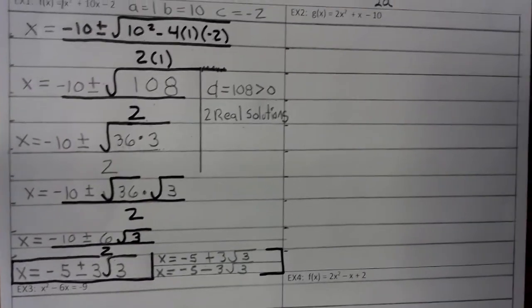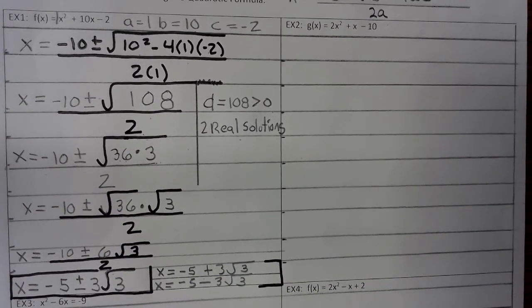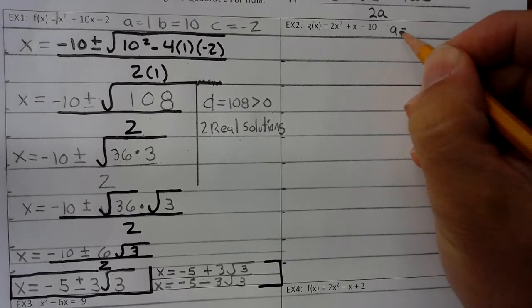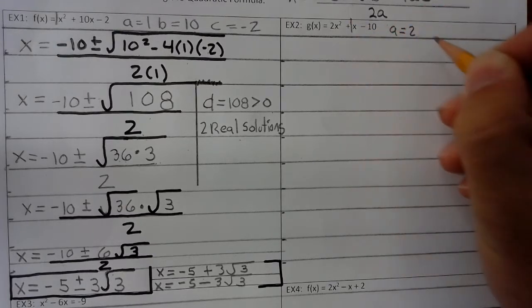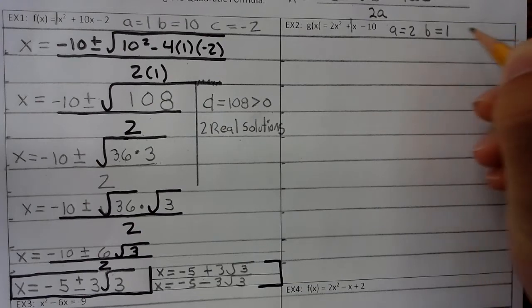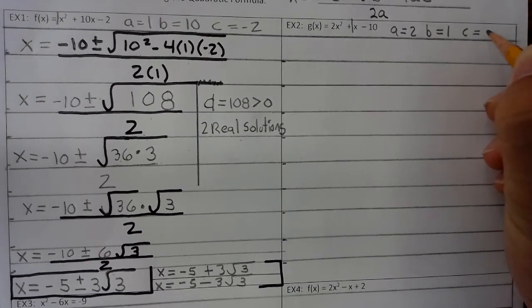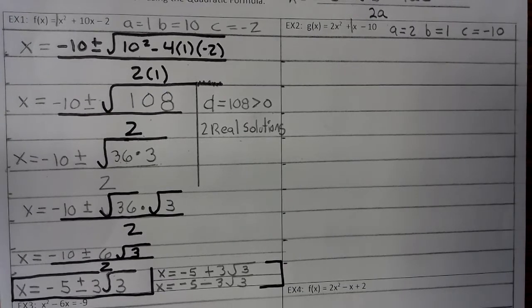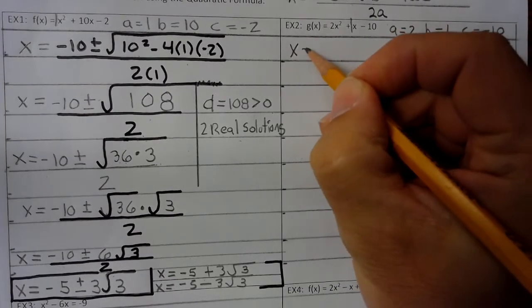All right, now let's take a look at example 2. Okay? So first thing first is we want to say a is 2, this is 1, so b is 1, and c is negative 10. Okay, now we're going to substitute each of those values into the quadratic formula.